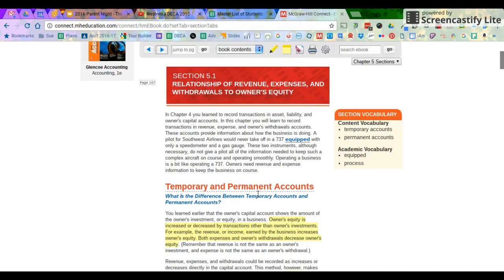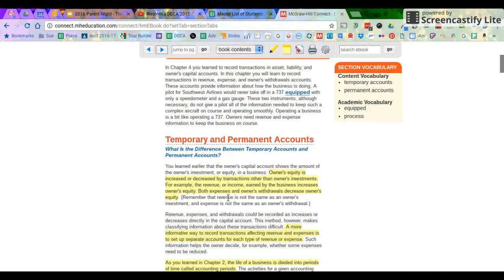So what we're going to do is add new accounts for revenue, expenses, and withdrawals, so that we can actually see what the net income or net loss is instead of just lumping it all into owner's equity. Just like we talked about before, the things that increase owner's equity are investments and revenue. The two things that decrease owner's equity are expenses and withdrawals by the owner.